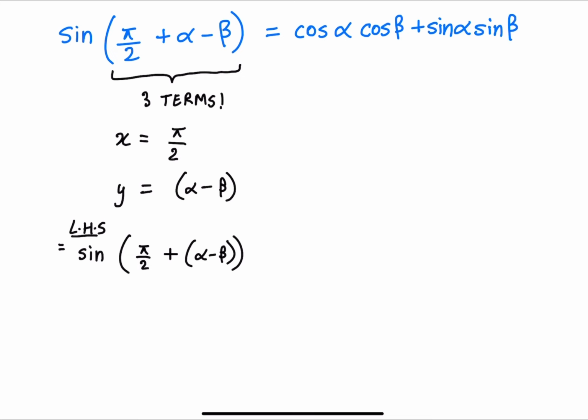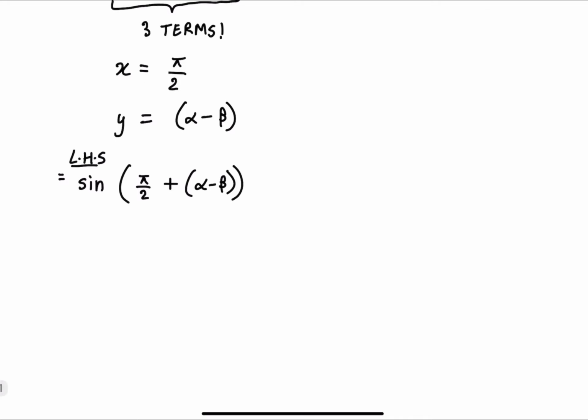So then we can simplify this and write it in the form of the formula we discussed before. Taking x to be pi by 2 and y to be alpha minus beta, we can write this down as sine pi by 2 cos of alpha minus beta plus cos pi by 2 times sine of alpha minus beta.